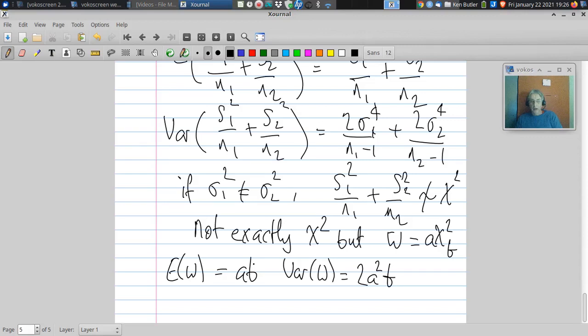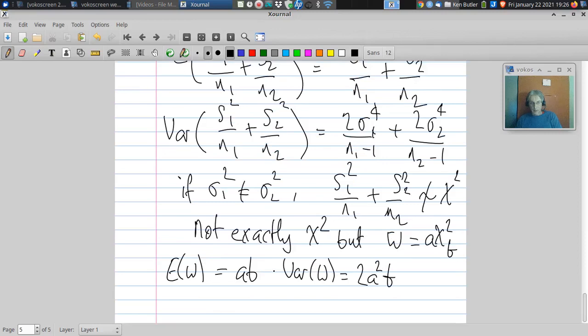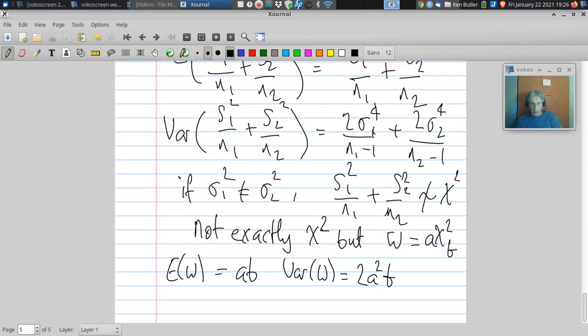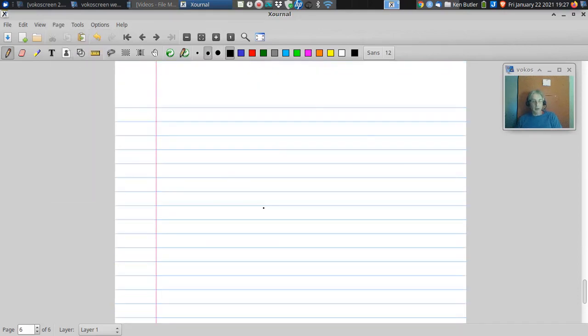And what we're going to try and do is make this match up. We know the mean and the variance of this guy. And we're going to try and estimate A and B for this chi-square distribution so that these things match up as well as they can. So, let's see if we can do that. I'm going to need yet another new page. New page again. All right.